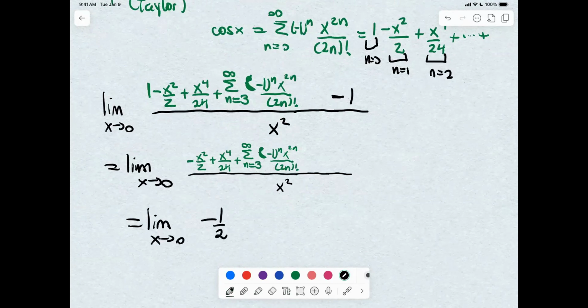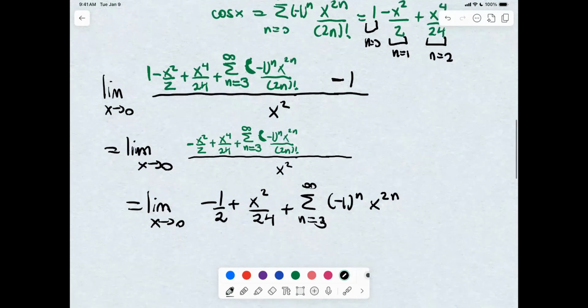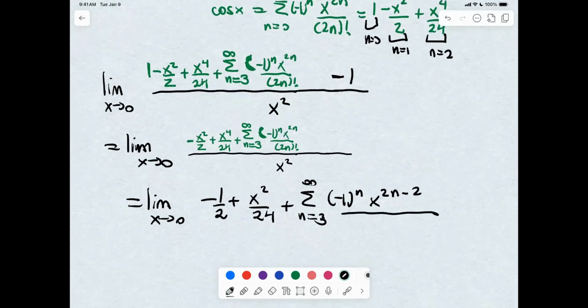So there's no more fractions, right? The denominator goes away because you can cancel it. The way to say that you factor it out is you just drop the exponent by 2. So I'll put it like x to the 2n minus 2 over 2n factorial.